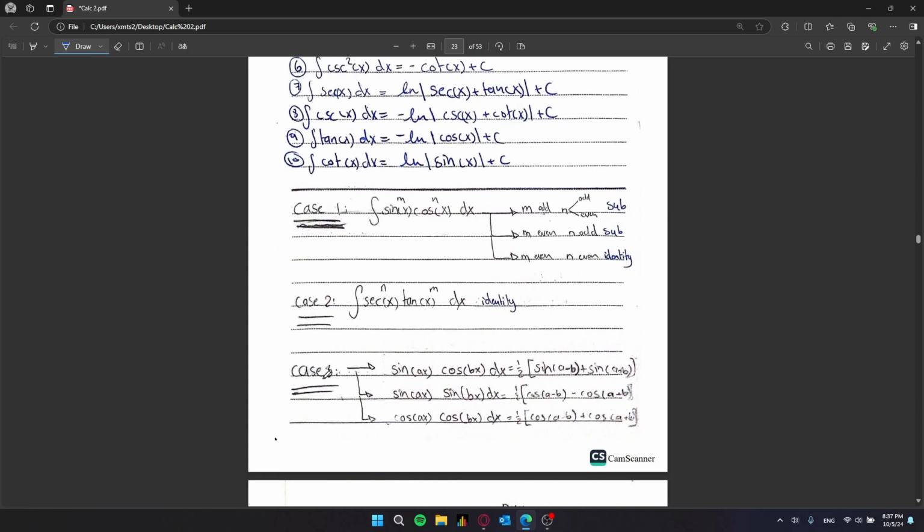So, when you are integrating trigonometric functions, you're going to have three cases. If you're integrating sine to the power of m multiplied by cosine to the power of n, that within itself splits into three cases depending on the values of m and n. If they are anything other than both being even, you are going to be using the substitution method to solve.